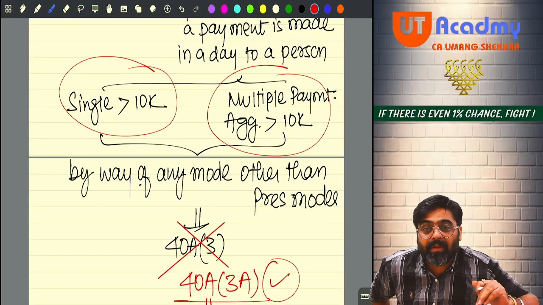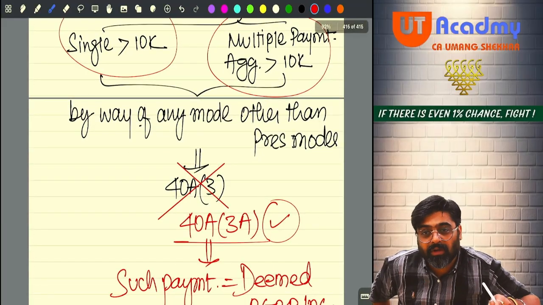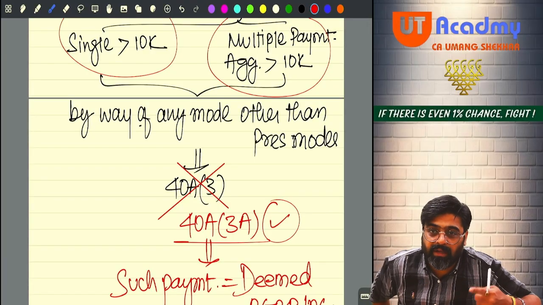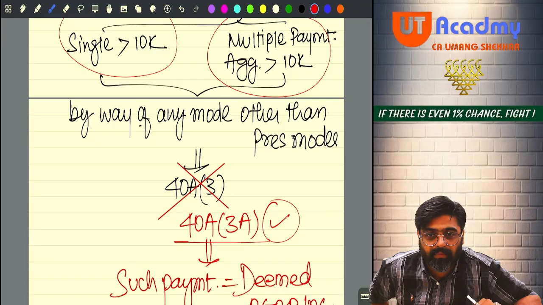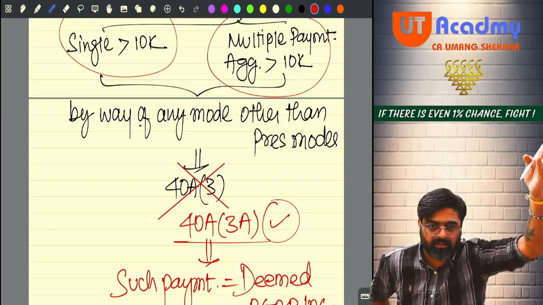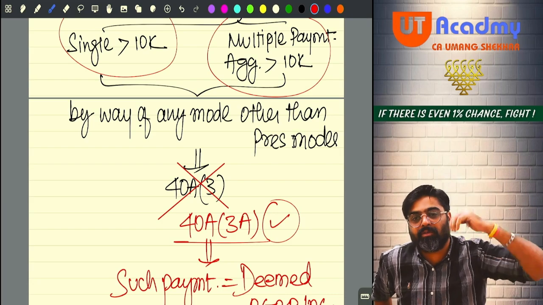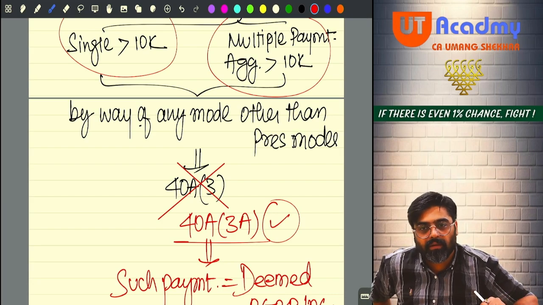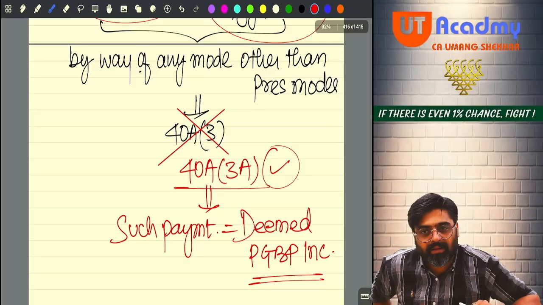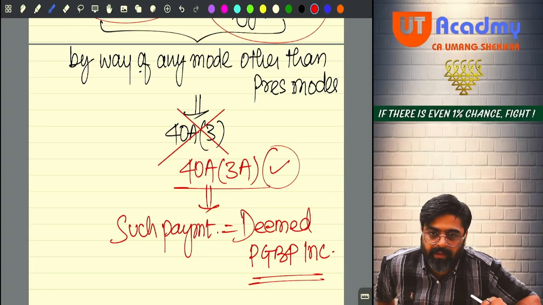But you have not made the payment by prescribed modes, meaning now that amount cannot be disallowed under 40A(3). Under section 40A(3), it cannot be disallowed because it was already allowed, transport charges. And for that, the payment made is more than 35,000, other than prescribed modes. Then as per 40A(3A), that payment will be treated as your deemed PGBP income.